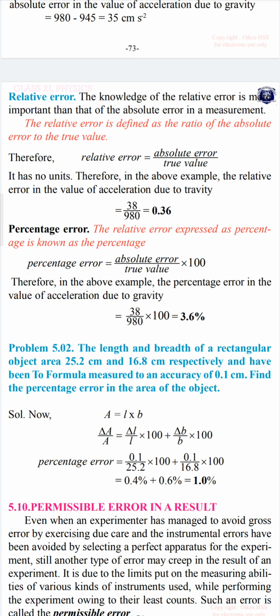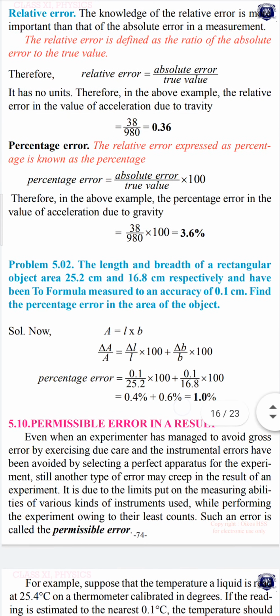Percentage error. The relative error expressed as percentage is known as the percentage error. Therefore, in the above example, the percentage error in the value of acceleration due to gravity equals 35 by 980 into 100 equals 3.6%.